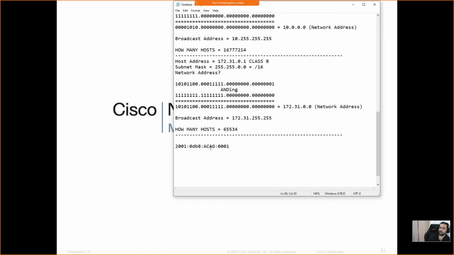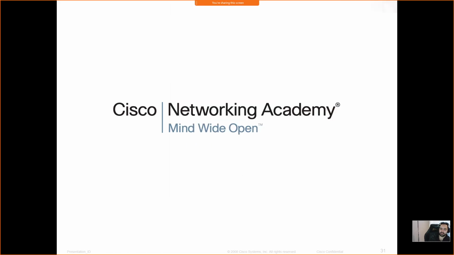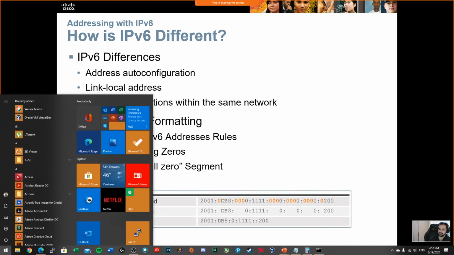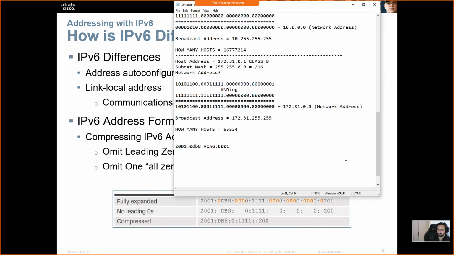And you are asked to say if this is an IPv6 address or not. So I ask you guys this question: is this an IPv6 address?